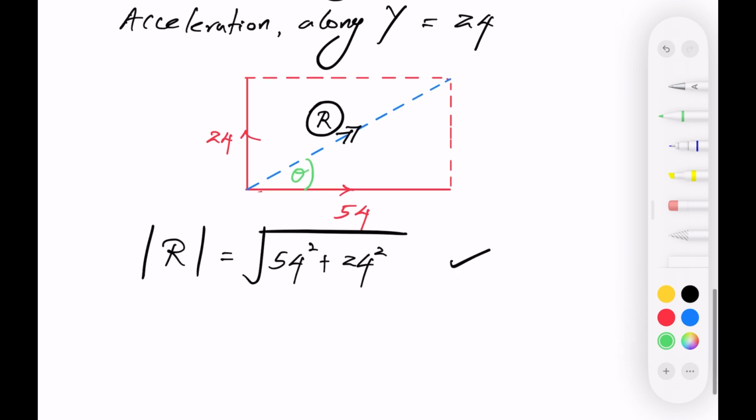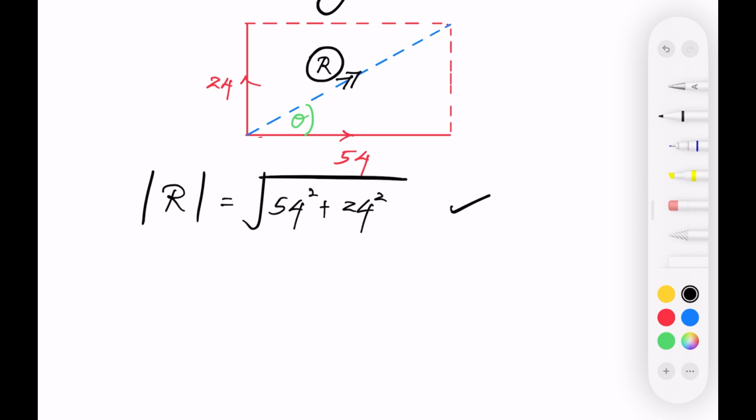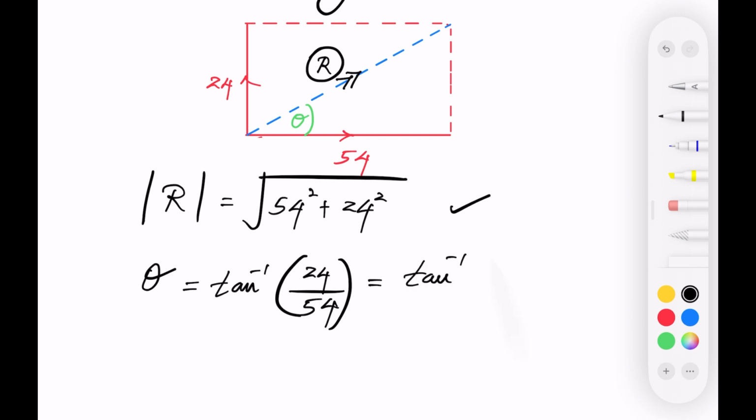That angle theta should be equal to tangent inverse of 24 over 54, which we can simplify and write as tangent inverse of 12 over 27. You may use your calculator and find the angle in degrees as well. That's a complete answer for that second example.